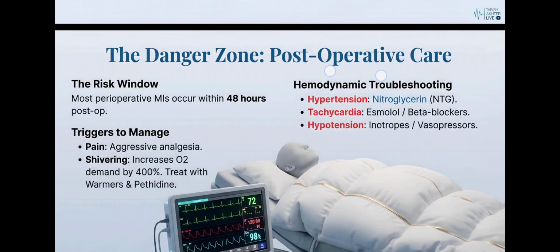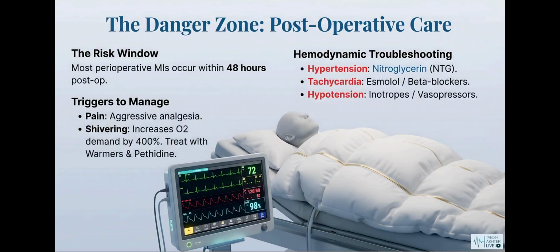Right? Now, let's talk about the danger zone, that is post-operative care. So after the surgery is done, the risk is not over. After 48 hours, that is 2 days, there is a higher chance of MI, that is heart attack, right? So we need to manage the triggers like the pain that causes tachycardia, right?